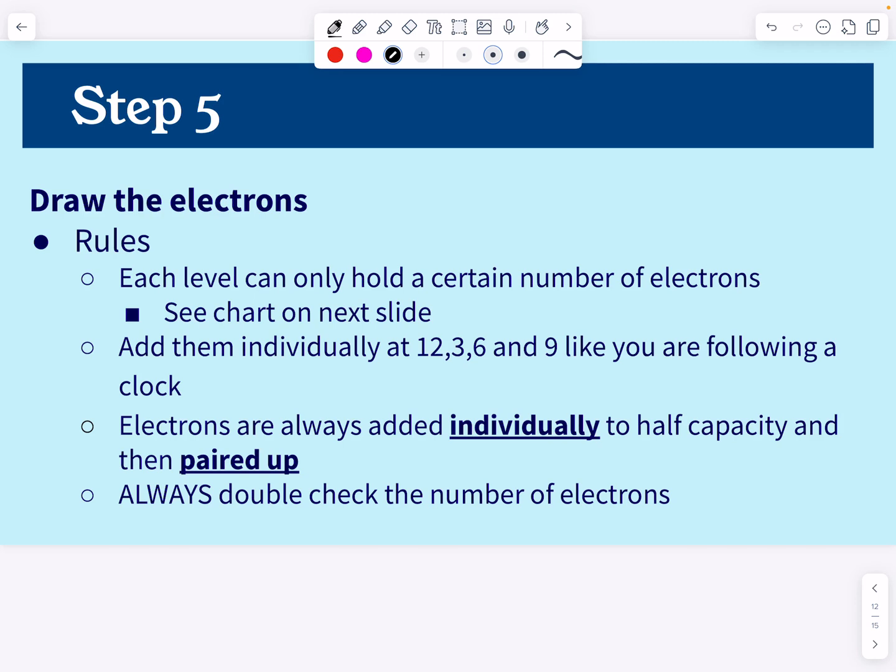Electrons are always added individually to half capacity, and then we pair them up. This is because, think of a bus. If you were on a bus and there was an empty seat, you would sit in the empty seat before you'd pair up with somebody. And then just a reminder, always double check the number of electrons. This is a way to check your work and make sure that you have your drawing correct.